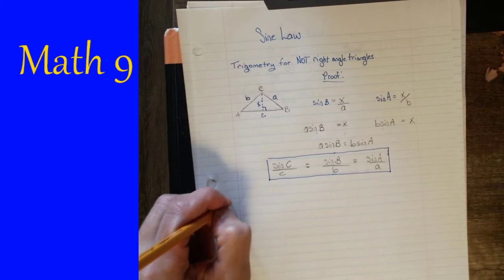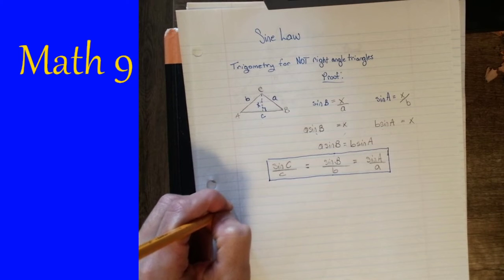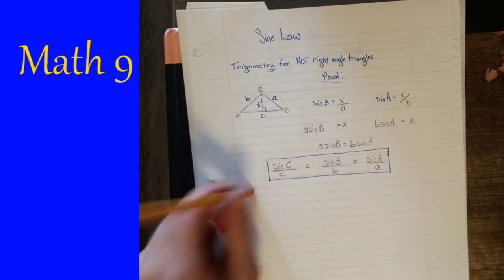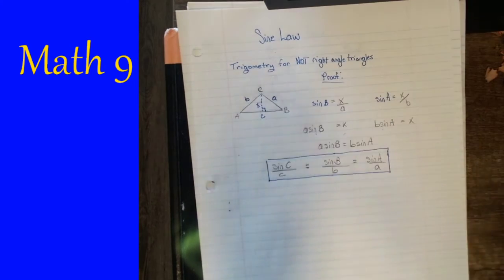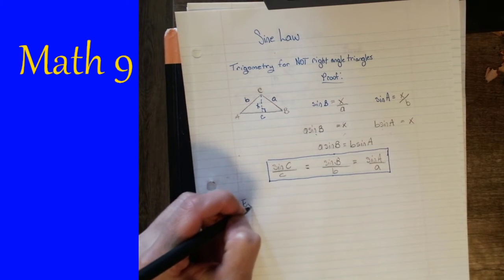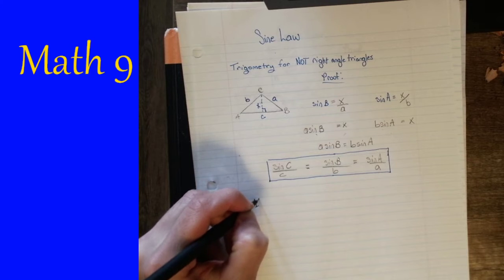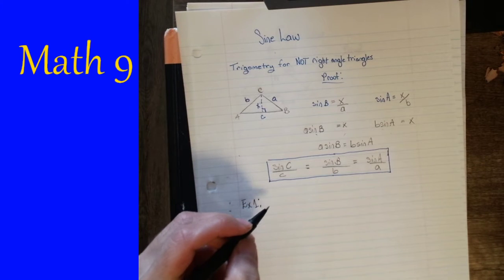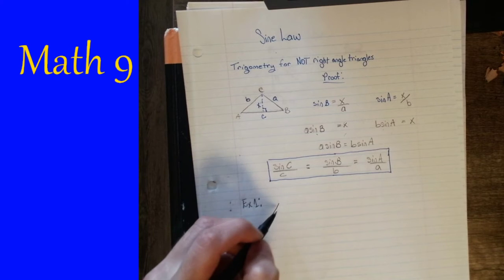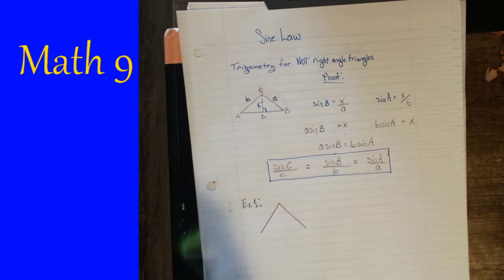Example 1. So we have a triangle, and we have these particular measurements.